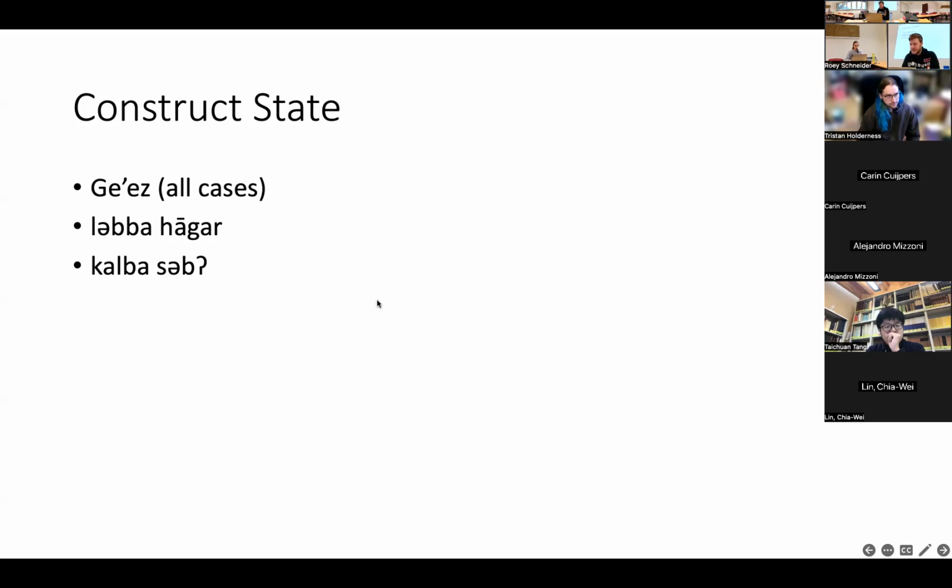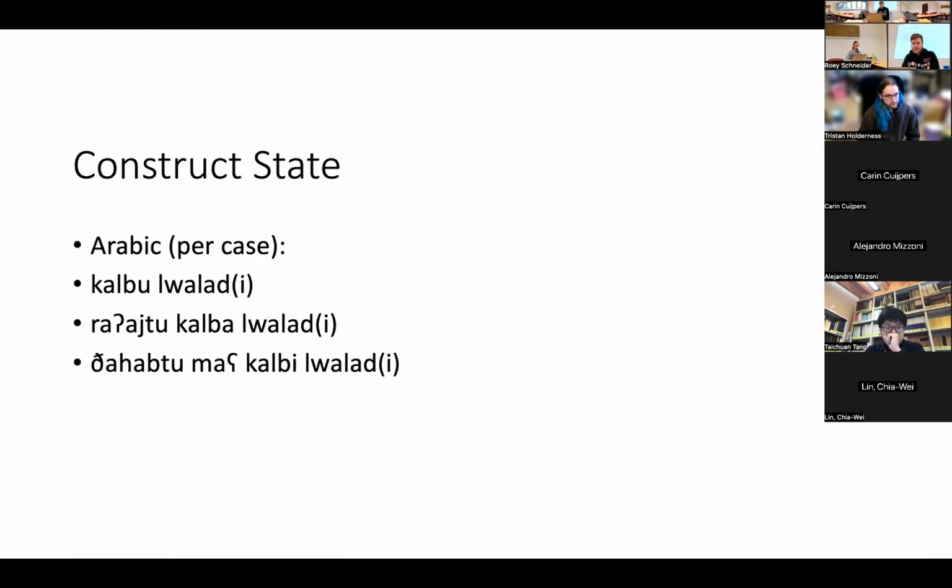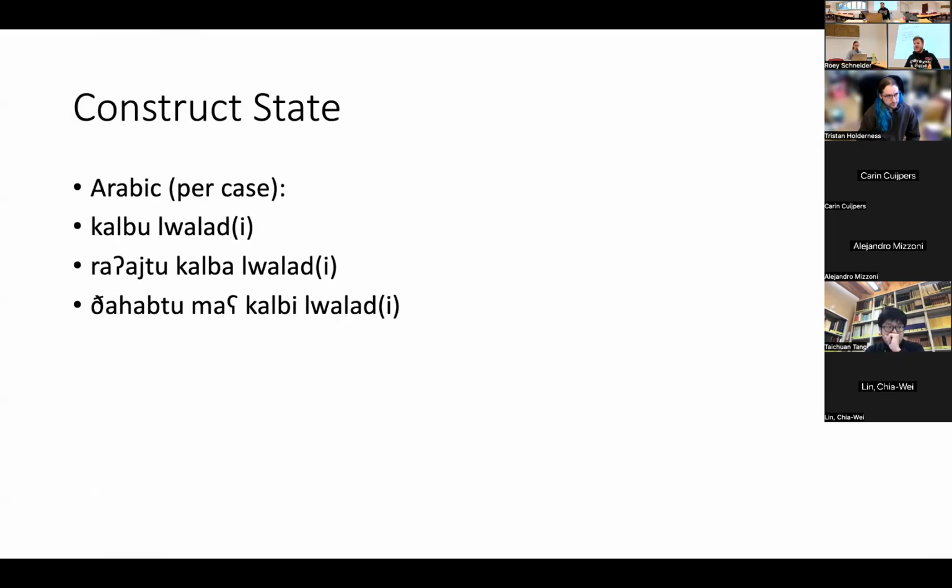Okay, any other question? Okay, in Arabic, it's the most elegant system. The construct state just has the regular case. It does not receive nunation, but it has the regular case. So kalbul waladi, the dog of the boy.